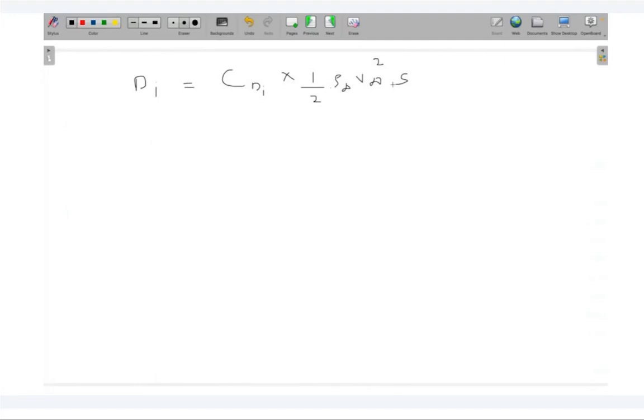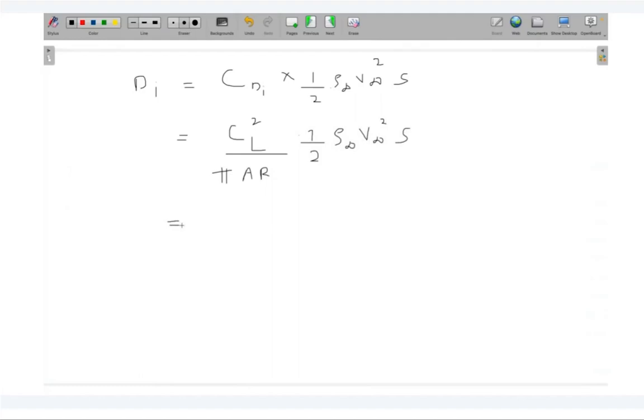And you know that the induced drag coefficient, according to Prandtl lifting line theory for elliptical lift distribution, is given by CL square by pi AR, right?